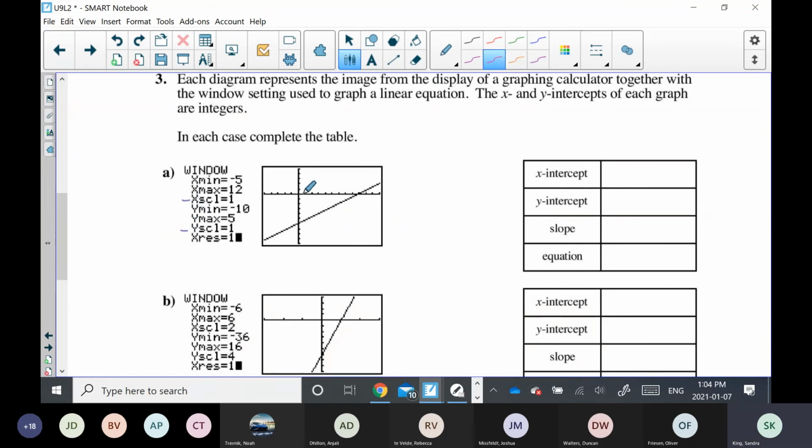So basically what that means is like that intercept would be 1, 2, 3, 4, 5, 6, 7, 8. They want that to be at 9. Right? So the x-intercept of this graph is 9. The y-intercept of this graph, -1, -2, -3, -4, -5, -6.